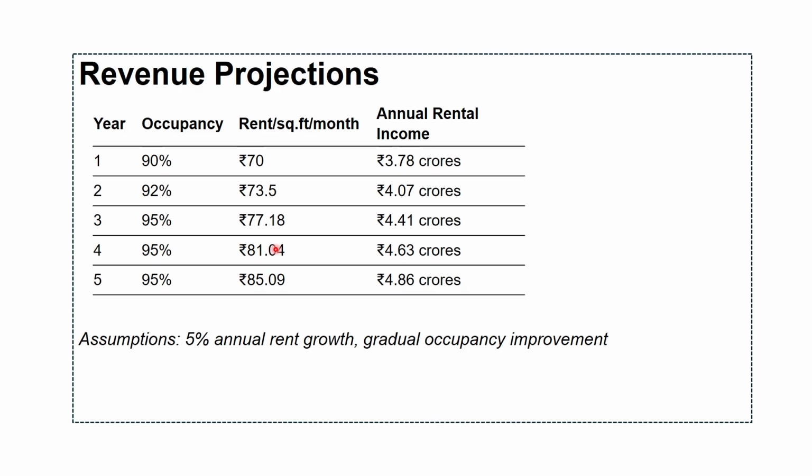Our assumptions include 5% annual rent growth, which is conservative based on historical Bangalore office market performance, and gradual occupancy improvement reflecting active leasing effort and the market recovery. So, this is how it will be projected.